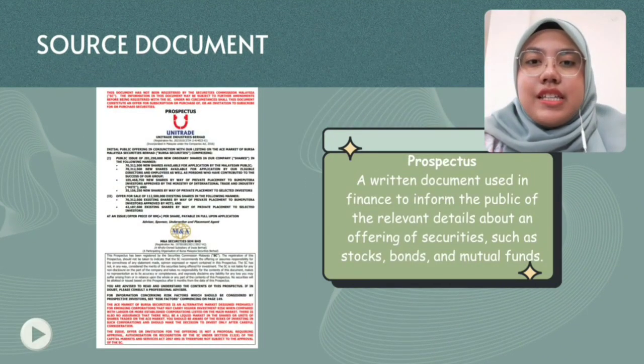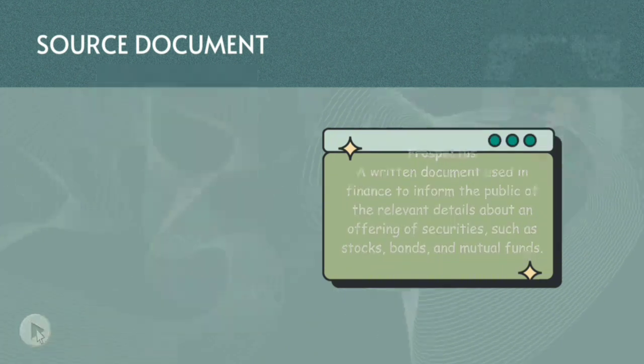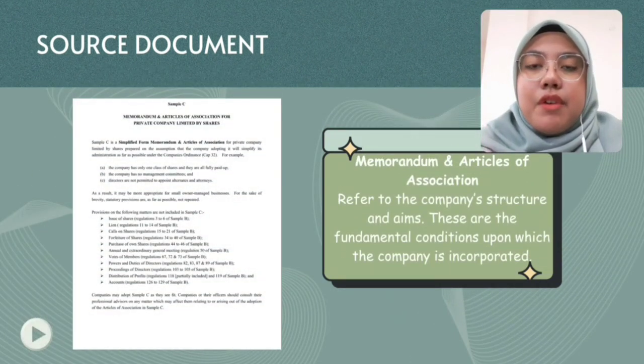The third one is prospectus. A prospectus is a written document used in finance to inform the public of the relevant details about an offering of securities such as stocks, bonds, and mutual funds. The fourth one is memorandum and articles of association.